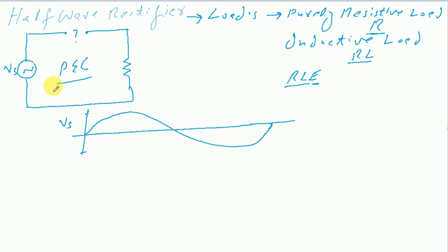Since we have studied the different types of switches and are familiar with their characteristics, a device which allows the current to flow only in the positive direction and blocks the current in the other direction is a diode. So we can simply place a diode here as a switching device.